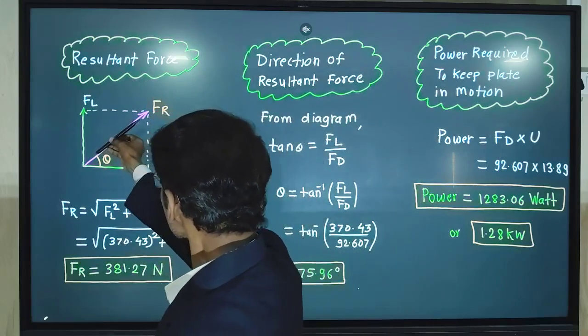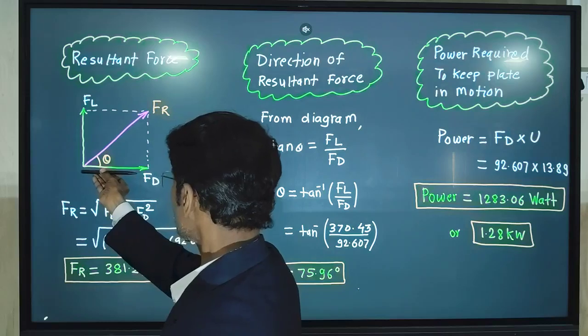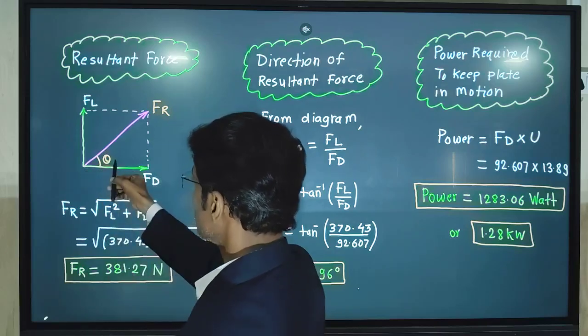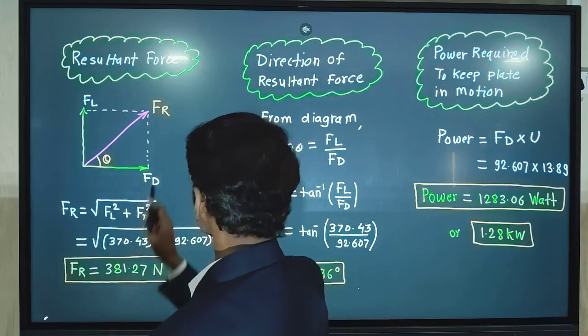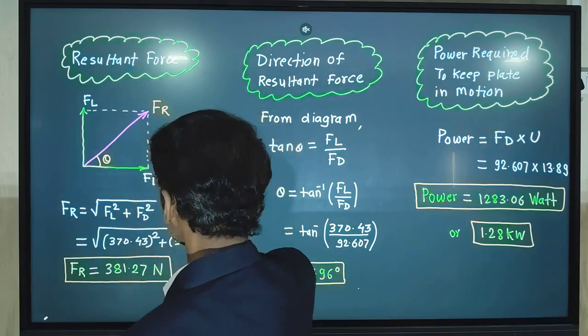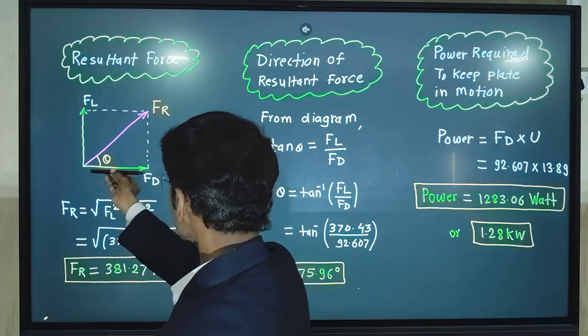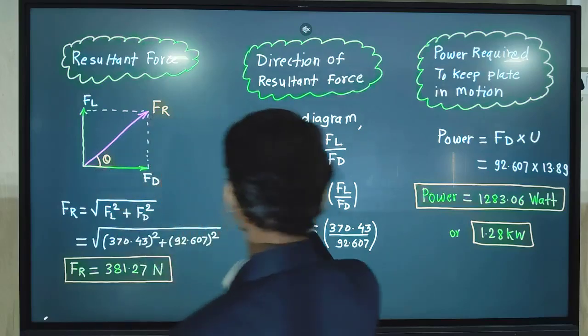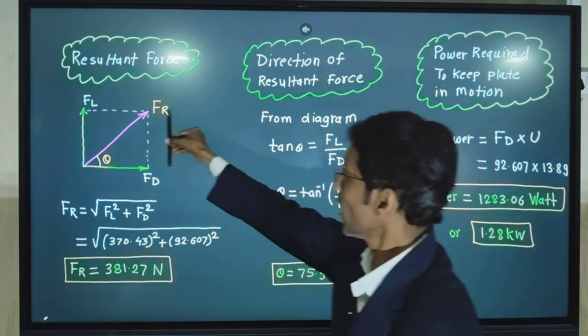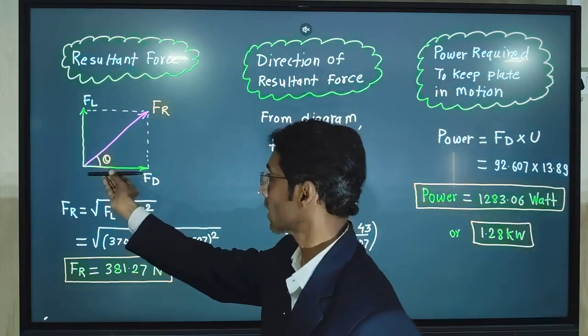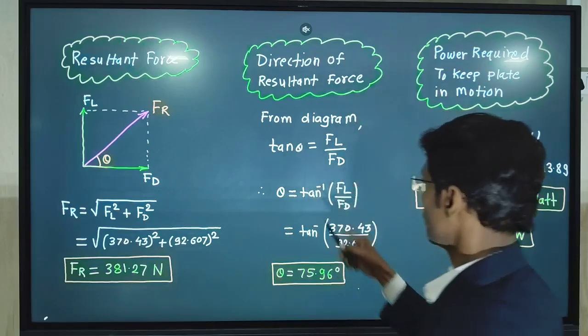Then the direction of resultant force with the horizontal, or direction of motion, is given by angle theta. To calculate theta from trigonometry, we can take the tan ratio between the vertical side and horizontal side. So tan theta is equal to FL, the lift force, divided by the horizontal component FD.